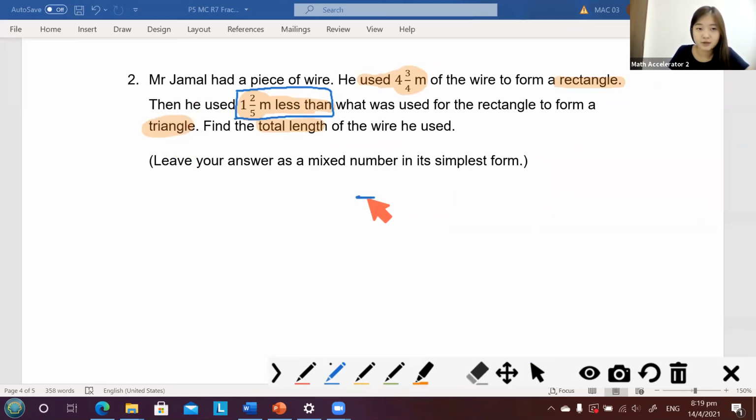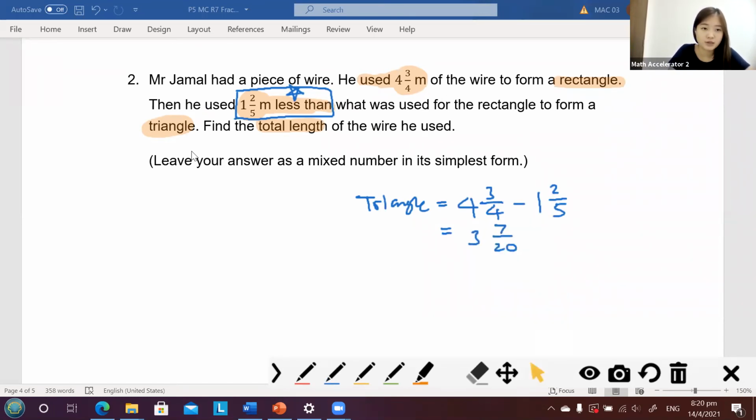The triangle will be the rectangle minus 1 and 2/5, because it's less than. Once you subtract this, you will get 3 7/20.